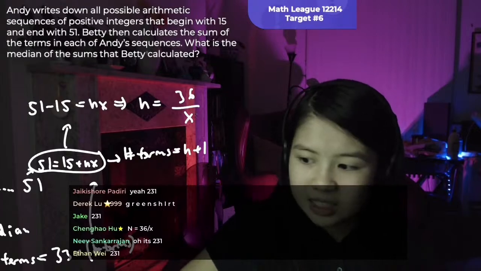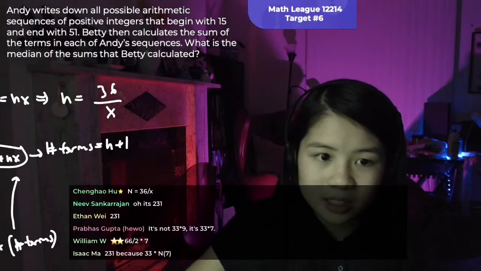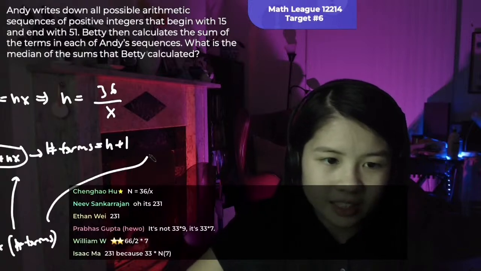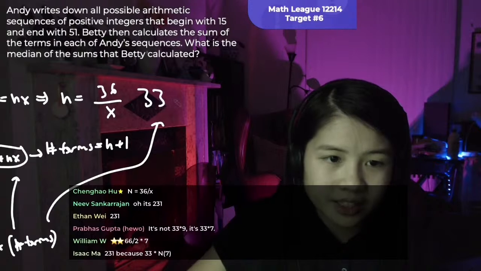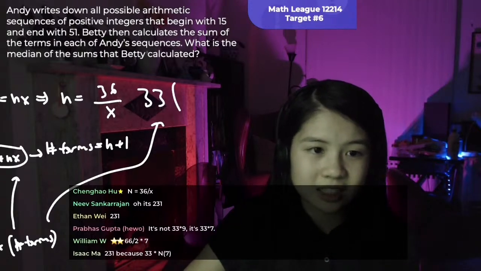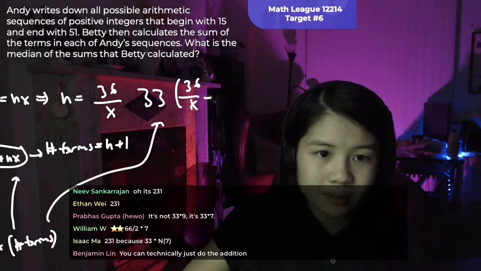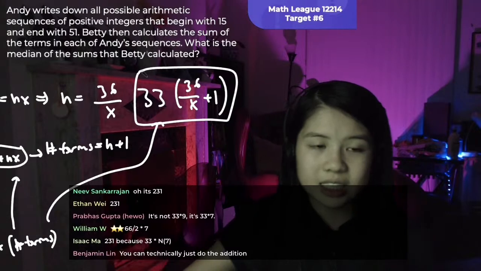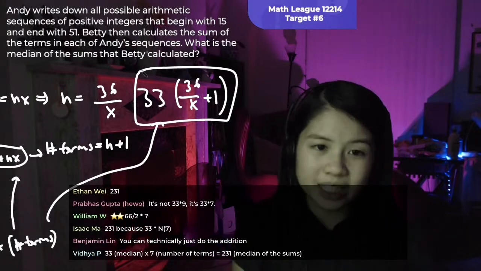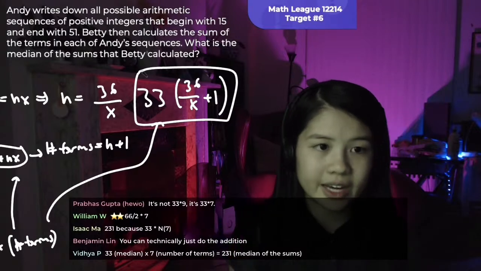So then this entire thing with the 33 becomes 33 times the number of terms, which is n plus 1, but n is 36 over x, so it's 36 over x plus 1. So this entire expression right here is the sum of the terms in one sequence, specifically the sequence with a certain value of x.